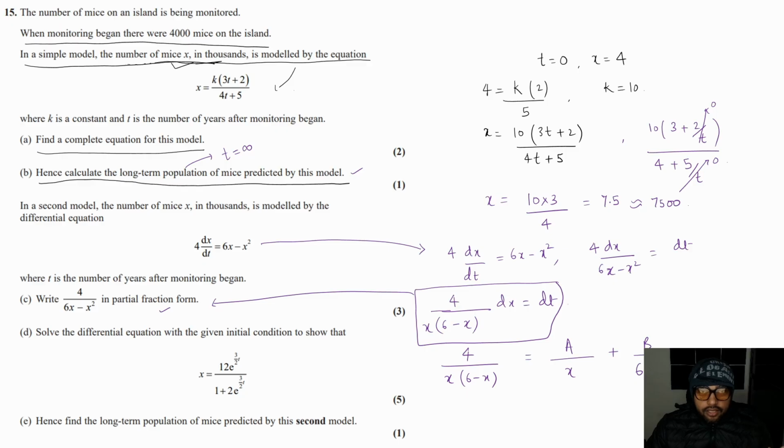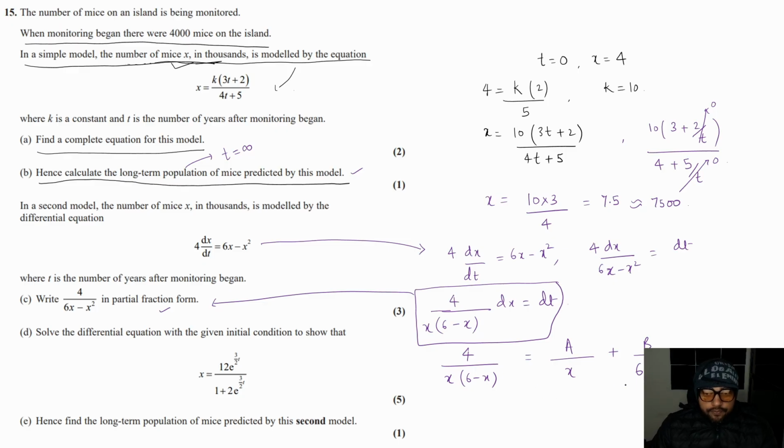If there is one linear expression and one quadratic expression, we would take a by x plus (bx plus c). There are different criteria for taking expressions in partial fraction form. Since both are linear in the denominator, we take a by x plus b by (6 minus x).